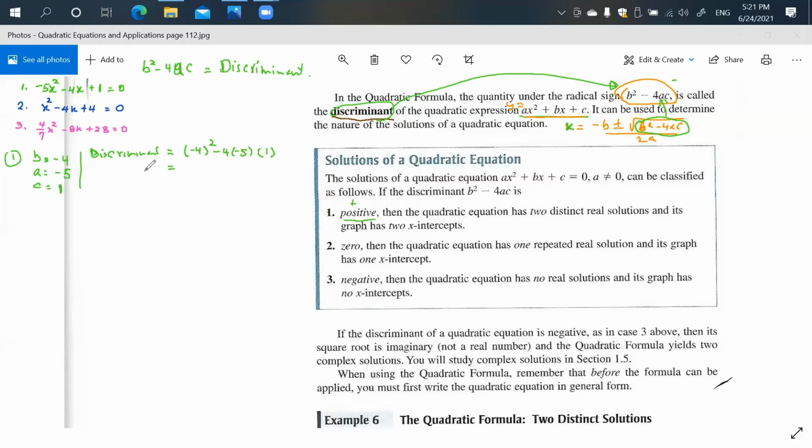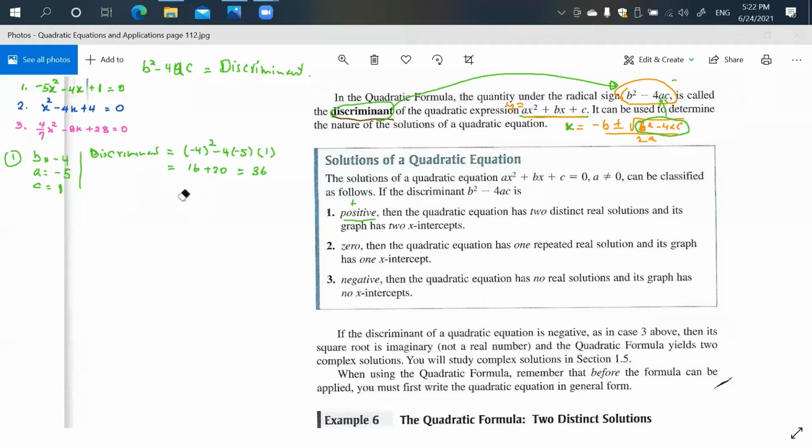Okay, so what we have: this becomes plus 16, right? Because of the even index, minus times minus becomes plus. 4 times 5 times 1 becomes plus 20. So what we have here is 36, 20 plus 16.